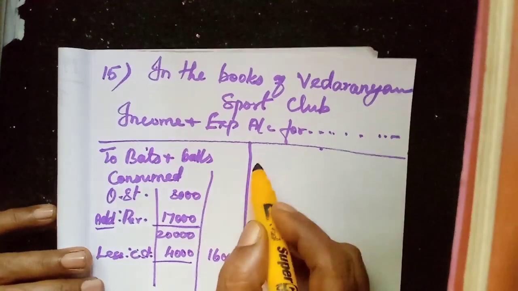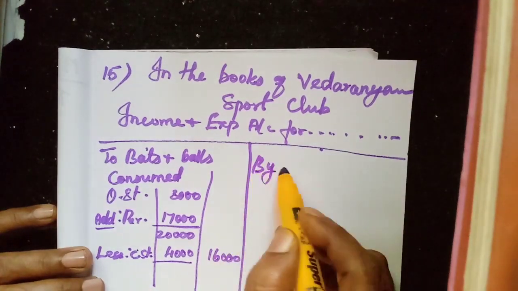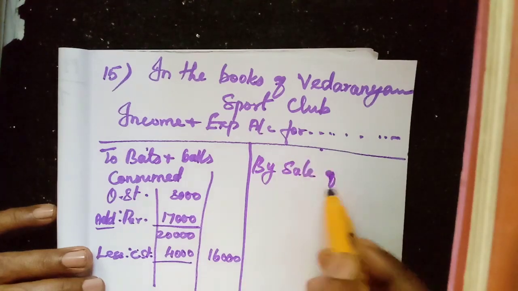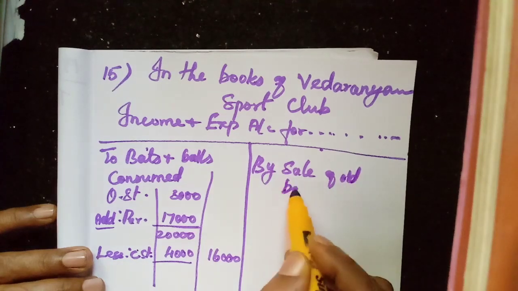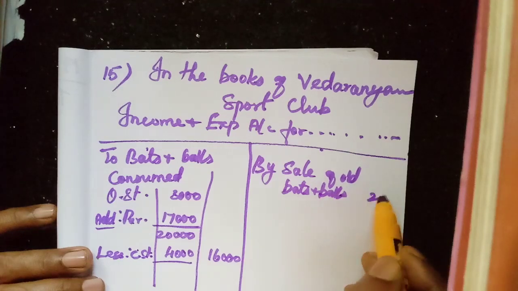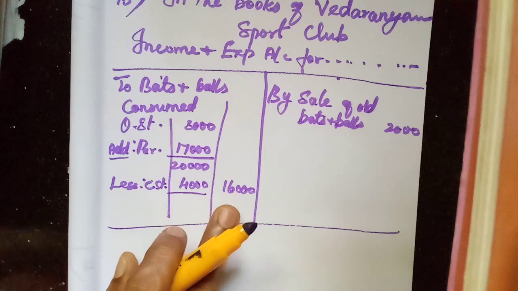Now one more item given, sale of old bats and balls. How much? 2,000. Then again this one item only will appear in the balance sheet.